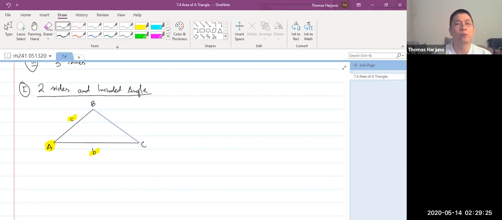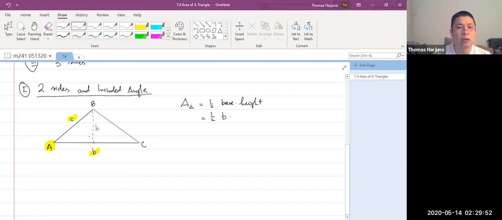Now we know from earlier the area of a triangle is 1/2 times the base times the height. Now in this case I can use my B as a base. Okay, now the thing is, how about the height though?